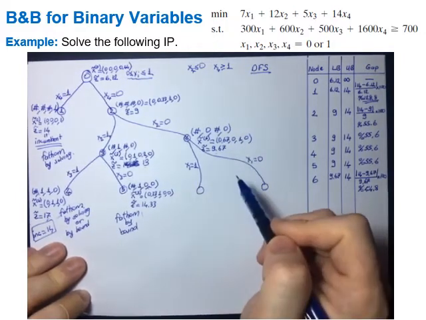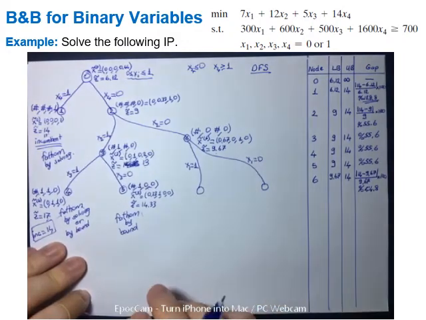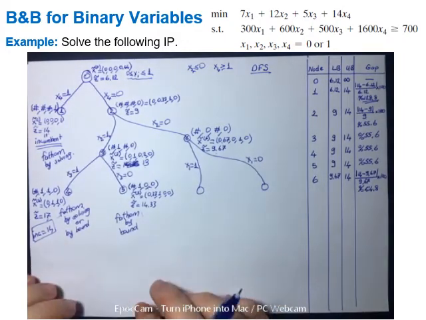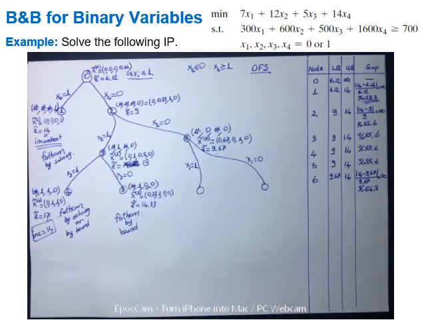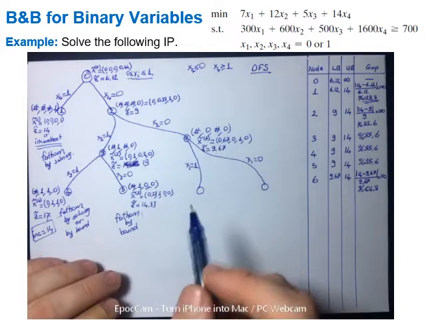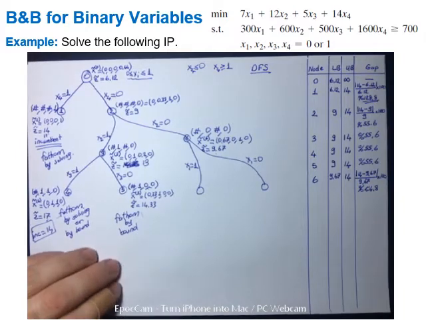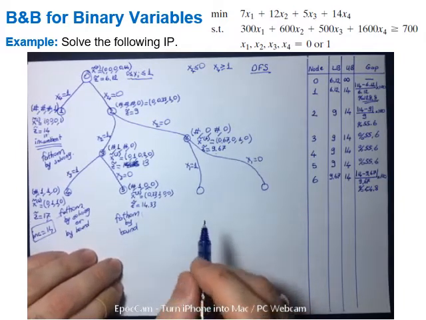So which one will you select? Sometimes we give a rule for it. For example, we say use the variable which is closer to an integer value for branching. Then you need to select that one. Otherwise, you can select arbitrarily any one of them. Okay, here since we have only one single variable, we select that one.